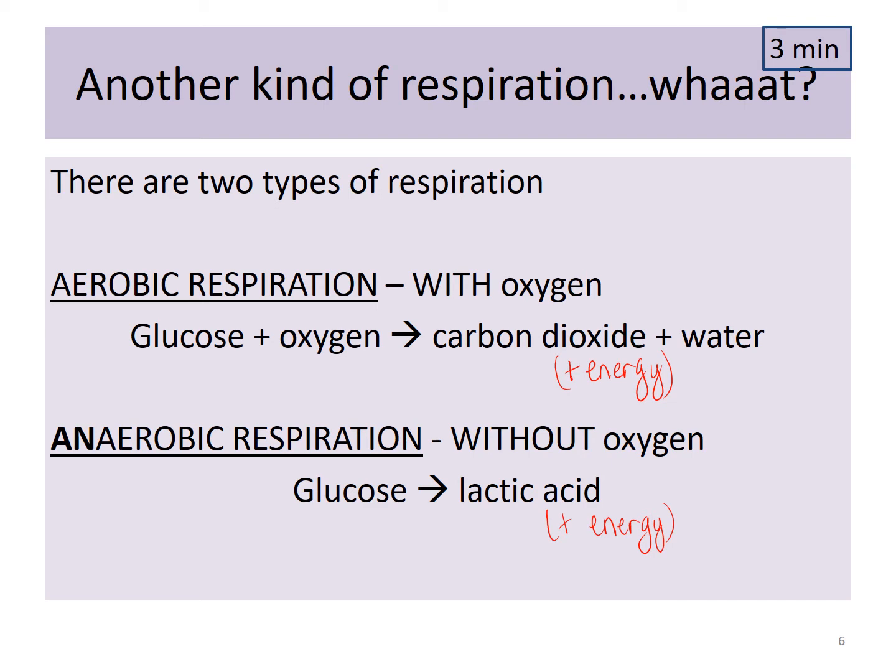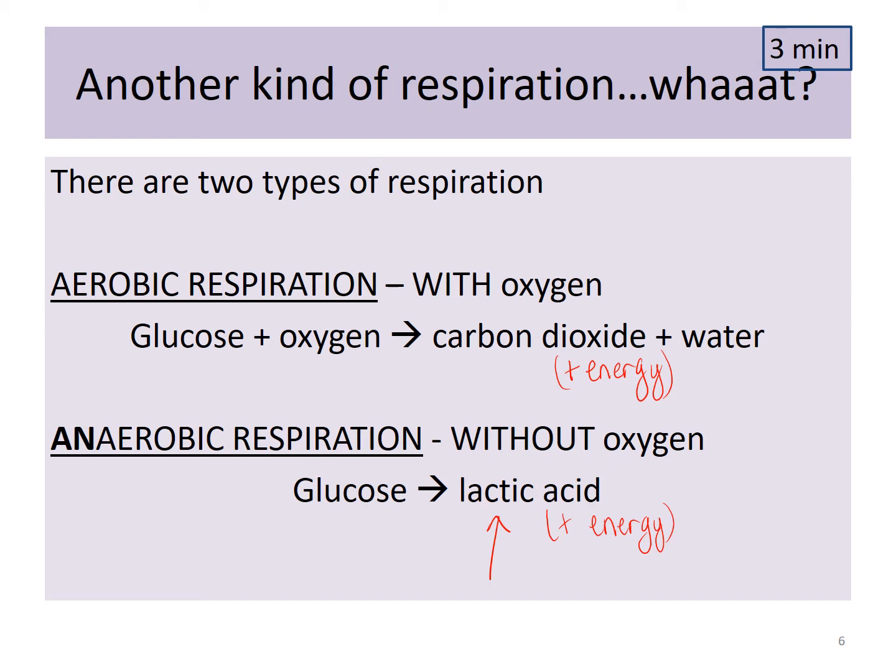You can kind of see as well where anaerobic respiration might take place. If we don't have enough oxygen in the body, then anaerobic respiration is going to take place, and it's going to produce lactic acid. Now, if we link this back to the starter activity, I asked you if you've ever felt a stitch or if you've exercised so hard that you just can't carry on and your muscles start hurting.